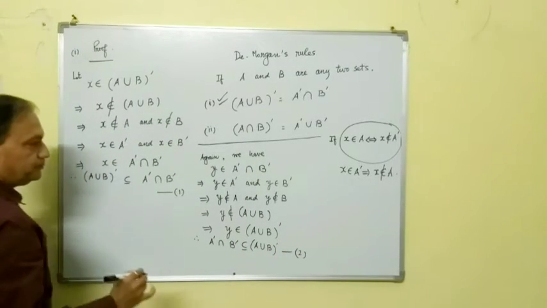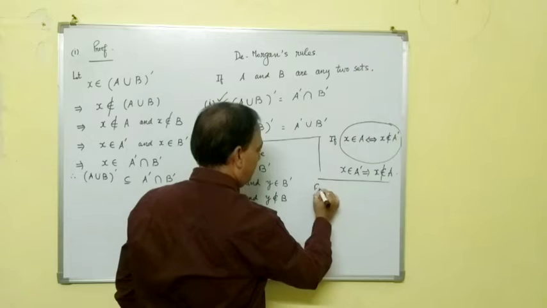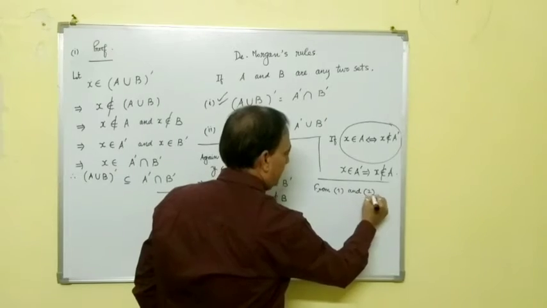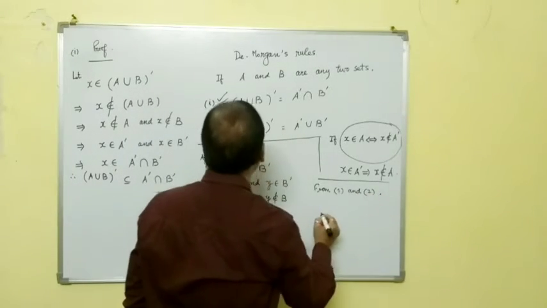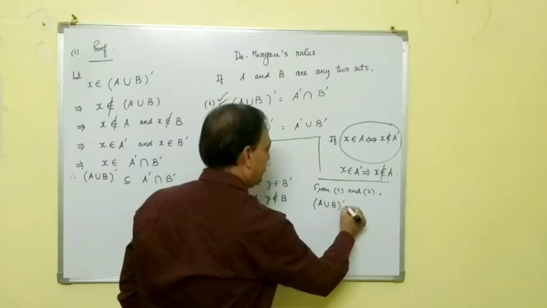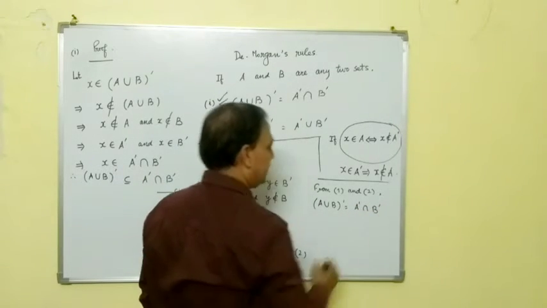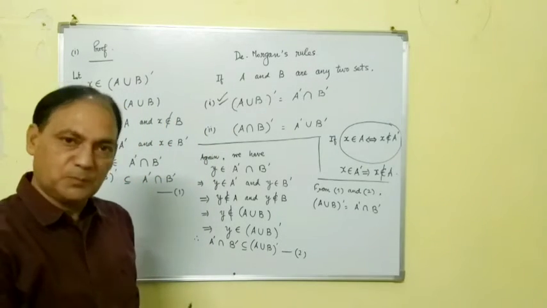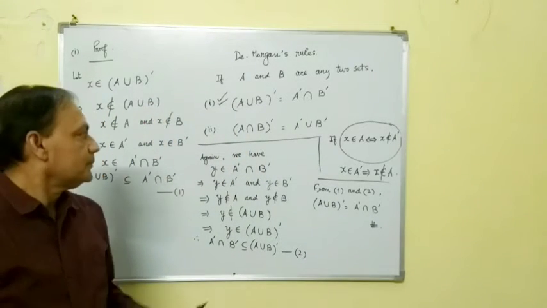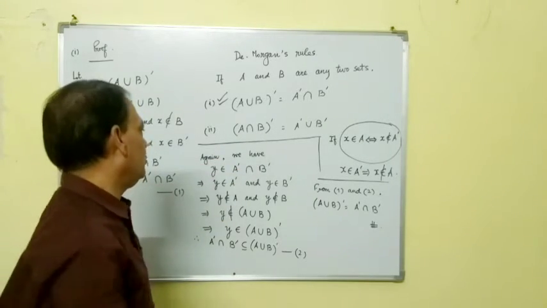From 1 and 2, we conclude that complement of A union B is equal to A complement intersection B complement. Proved. Again, we will prove the second rule.